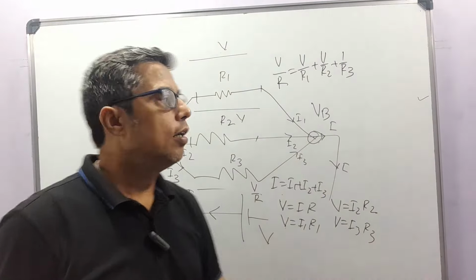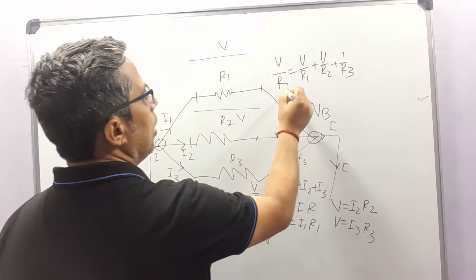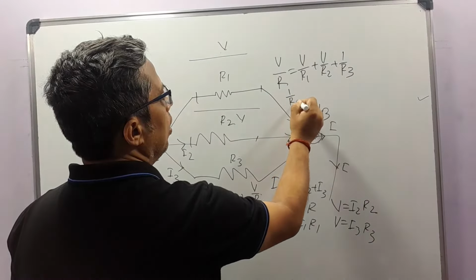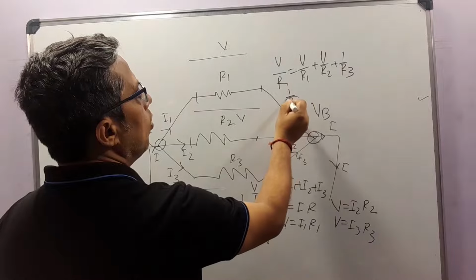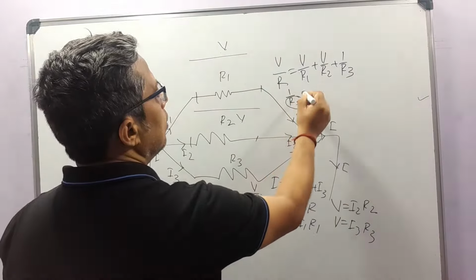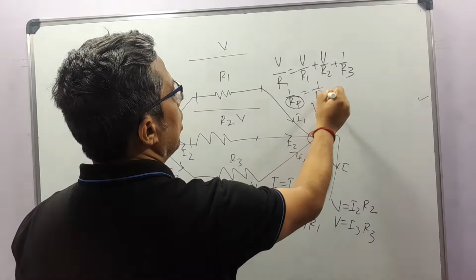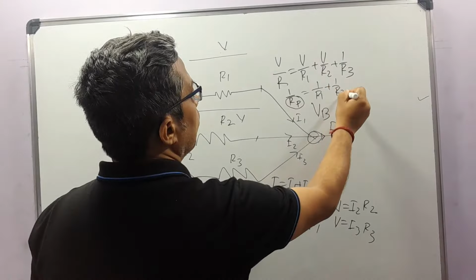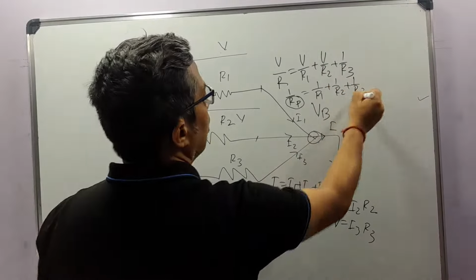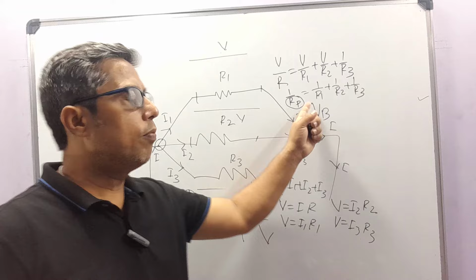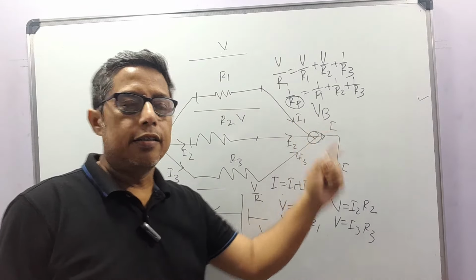V is common, so we get 1 by R, the equivalent parallel resistance for all three, is 1 by R1 plus 1 by R2 plus 1 by R3. This is the formula of the parallel resistance.